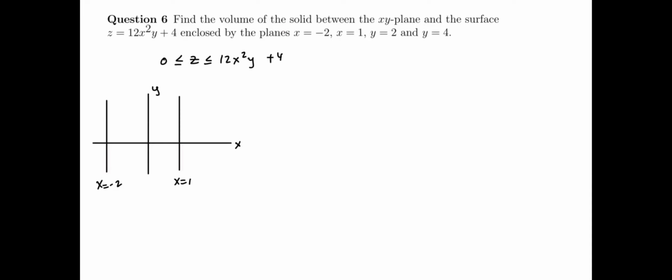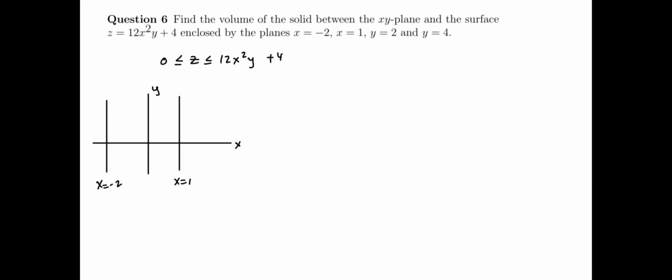And in the xy plane, here's what we're going to draw. So here's our xy plane. And so we have x equals -2. So that will be the vertical line right here. Let's suppose that's x equals -2. x equals 1, let's suppose that's this right here. So this is x equals 1.